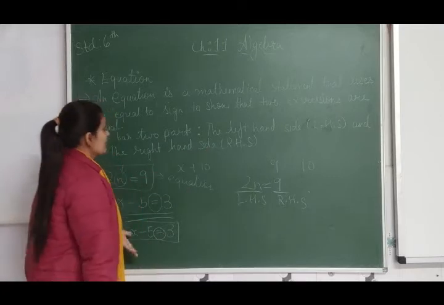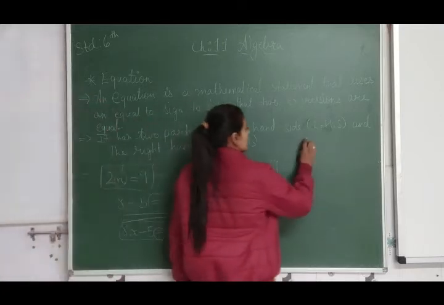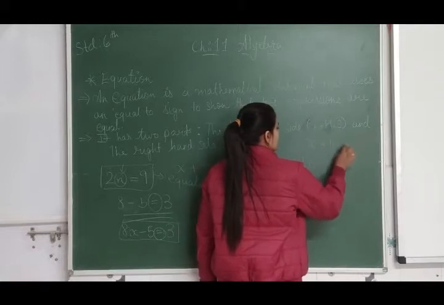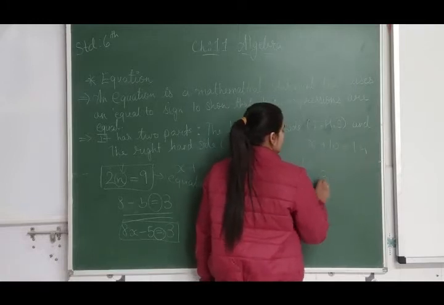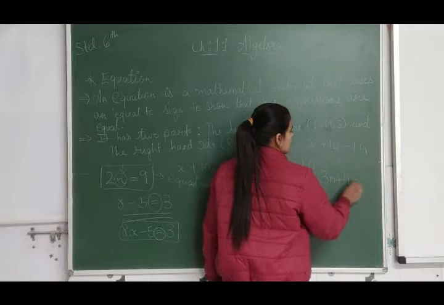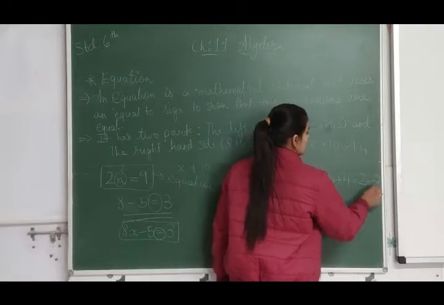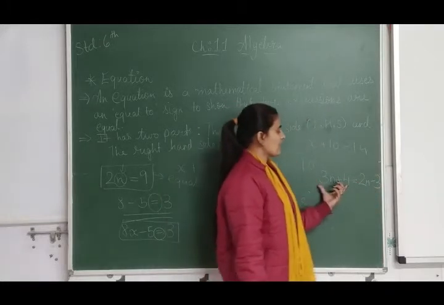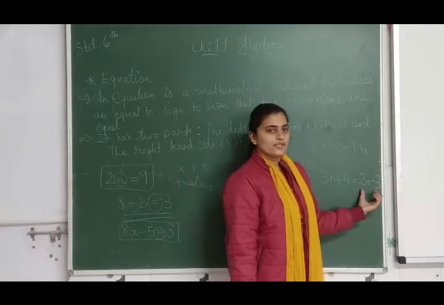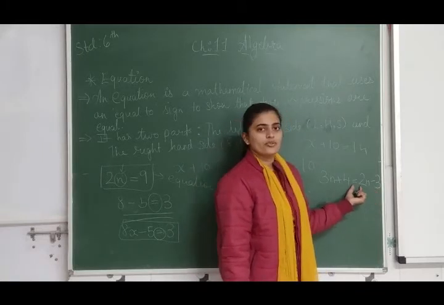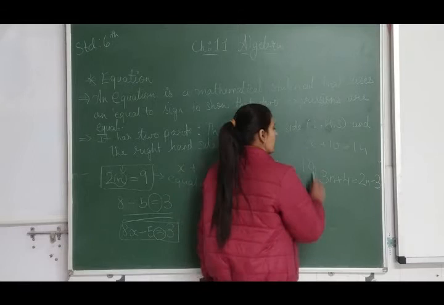Other examples of equations are x plus 10 is equal to 14, and 3n plus 4 is equal to 2n minus 3. Here you can see this is an expression and this is also an expression and an equal to sign is given over here. Then this becomes an equation.